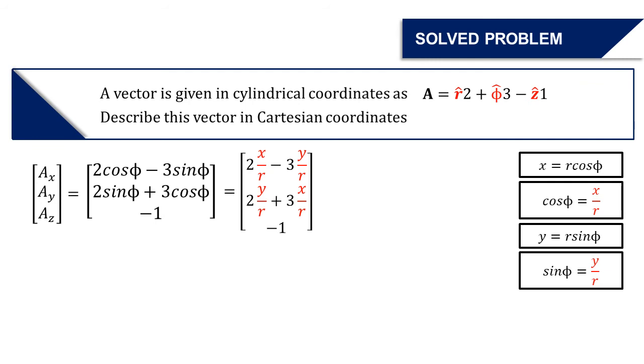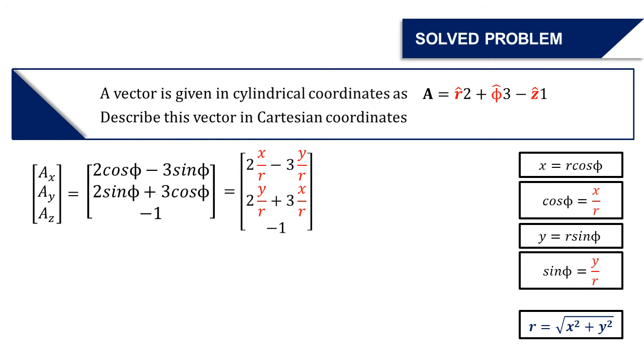Sa z, negative 1 dahil sa cylindrical and Cartesian coordinates, isa lang ang z. Pare-pareho lang yan. Another problem is that meron pa tayong r. Kailangan maging x and y din yan. Kaya naman papalitan natin siya ng relationship ng r and x and y.